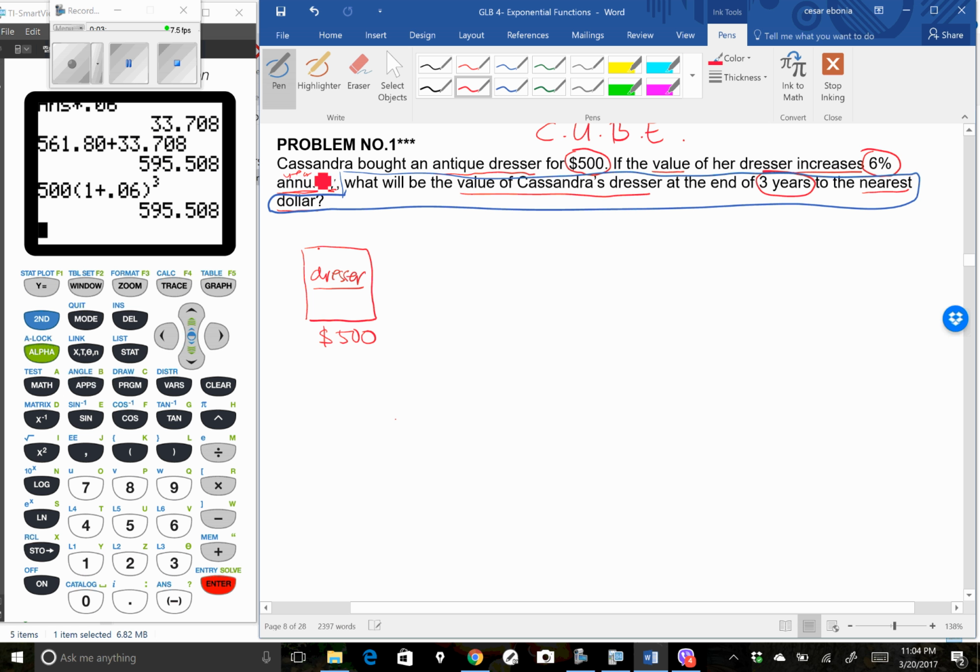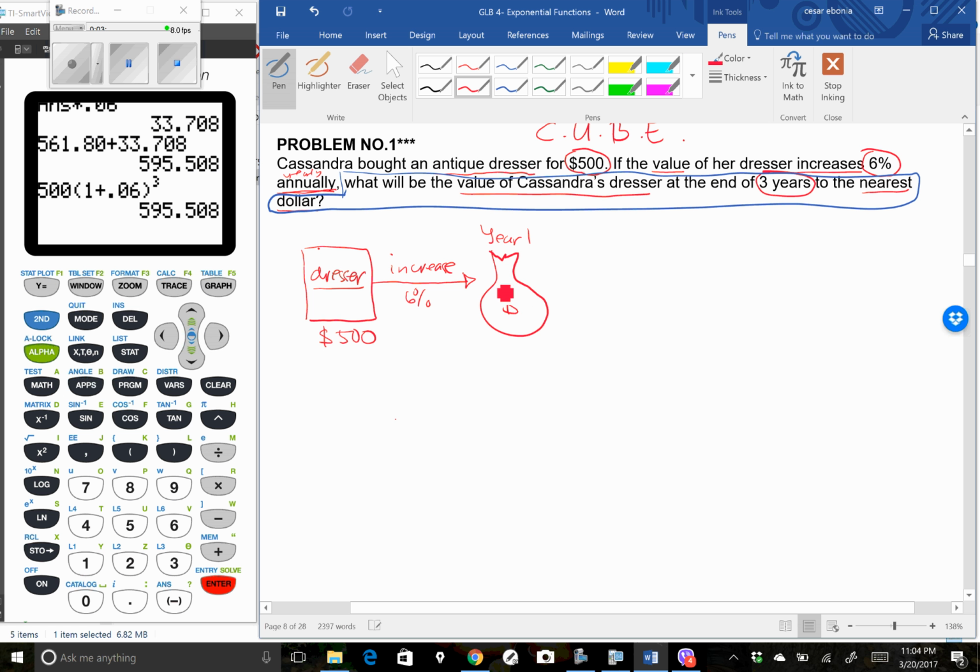So every year it will increase its value by 6%. That means after a year, so this is year 1, you have some amount of money here.